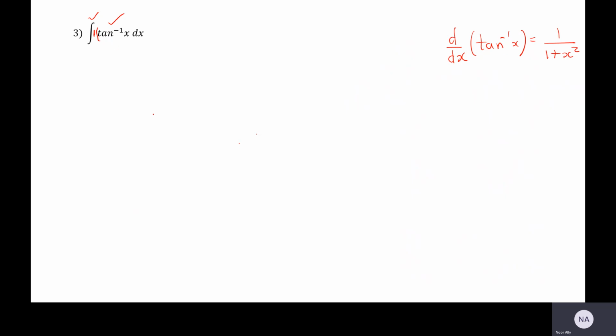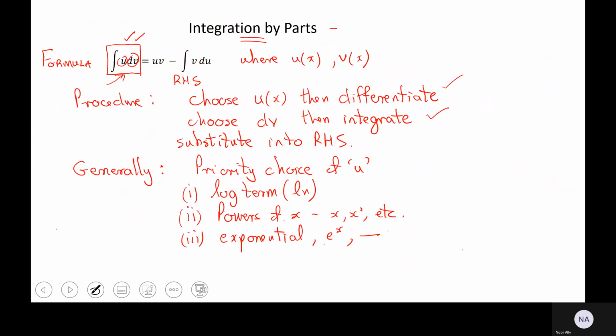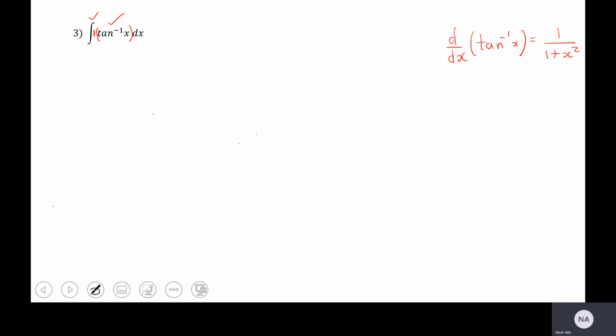You can make it 1 times arctan of x. There's no log term, the priority choice. There's no powers of x. There's no exponential. We only have 1 and arctan of x.